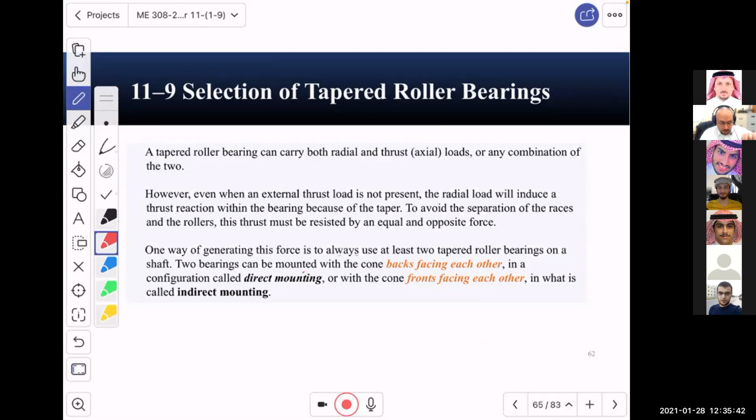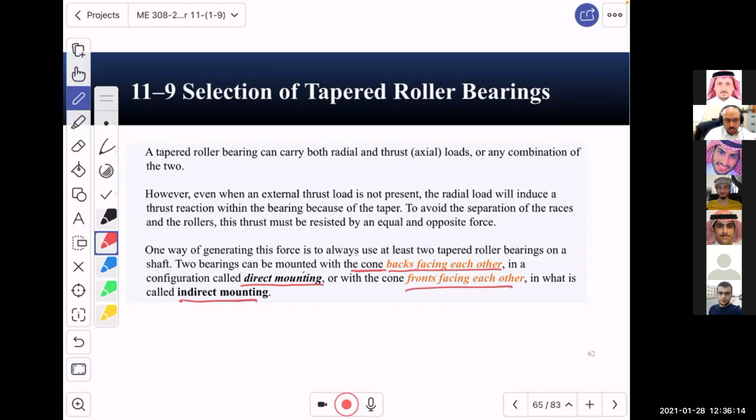There are 2 mounting methods. The first one is called with cones back facing each other. So the back and the back facing each other. This is called direct mounting. Or the front and the front facing each other. Do you get that? This is the front facing each other, and we call this indirect mounting.